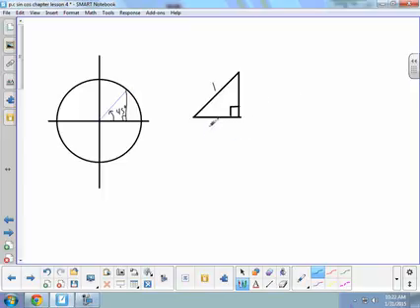Well, I know my leg times radical 2 is supposed to give me 1, so 1 over radical 2. We're going to go ahead and rationalize that, because we don't like radicals in the denominator. And we get radical 2 over 2.